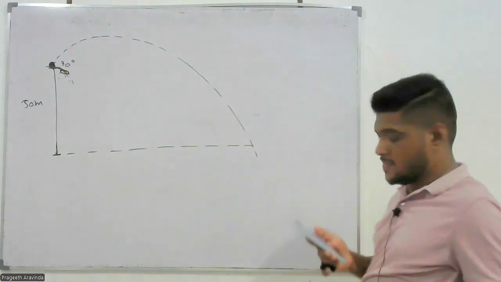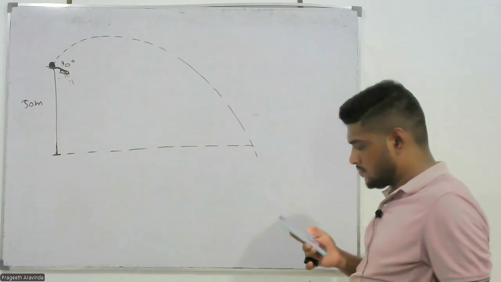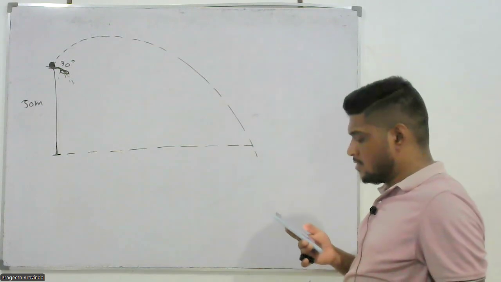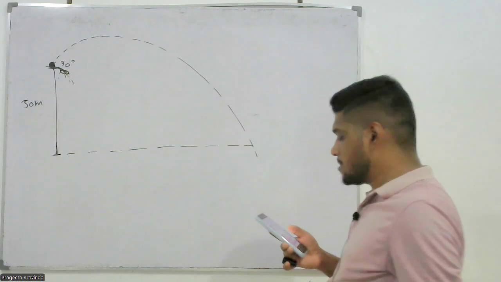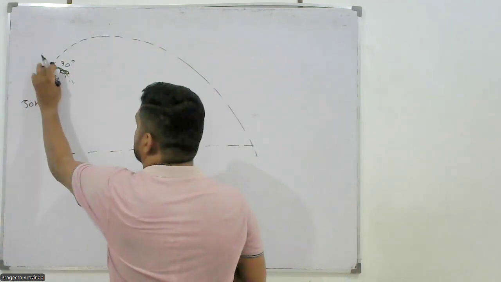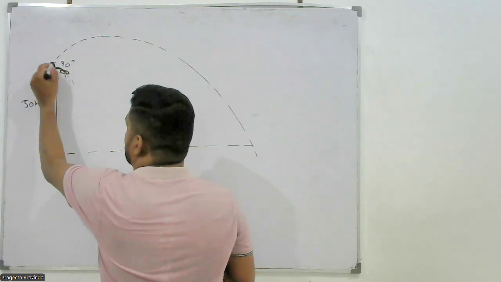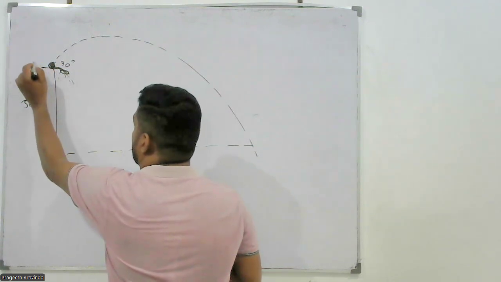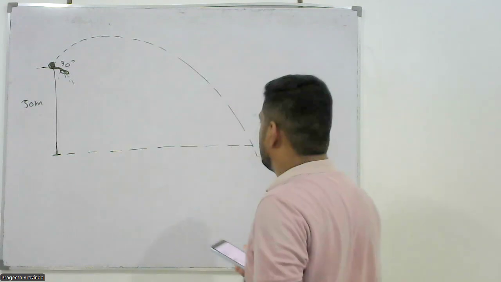Right. Find the flight time and the horizontal range of the stone. Flight time and the horizontal range. Right. Then how?